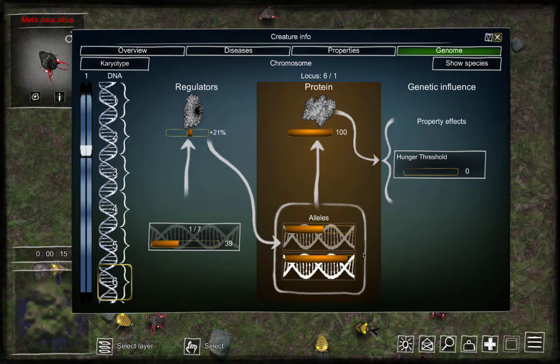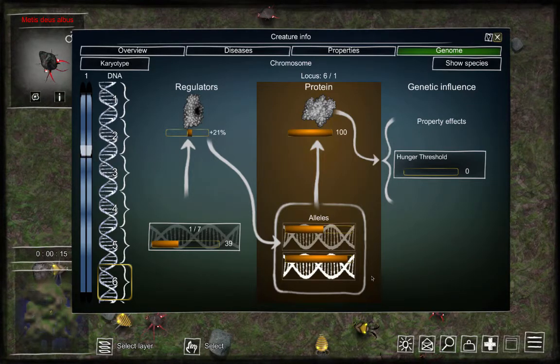As we can see here, there are 2 genes in the locus, one from the mother and the other one from the father. In this case, the genes are different and the dominant one is highlighted here. When the individual has 2 different genes, it is said to be heterozygous.